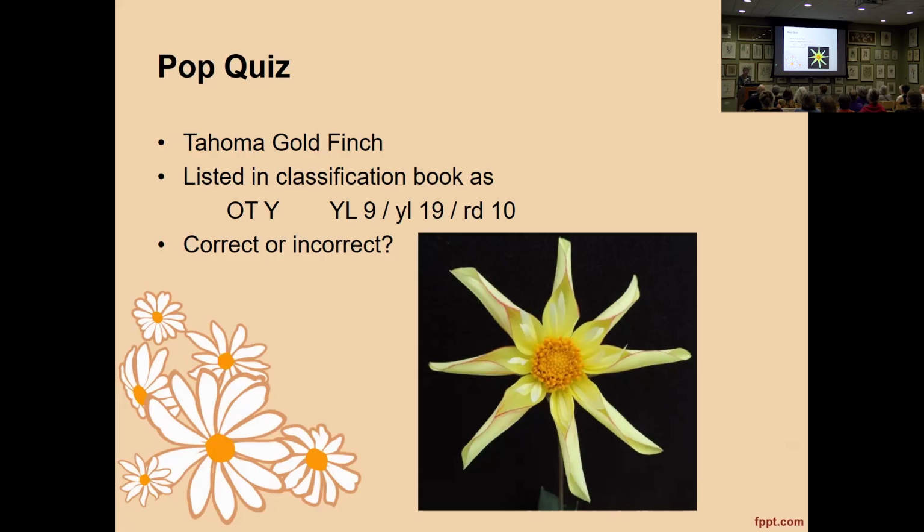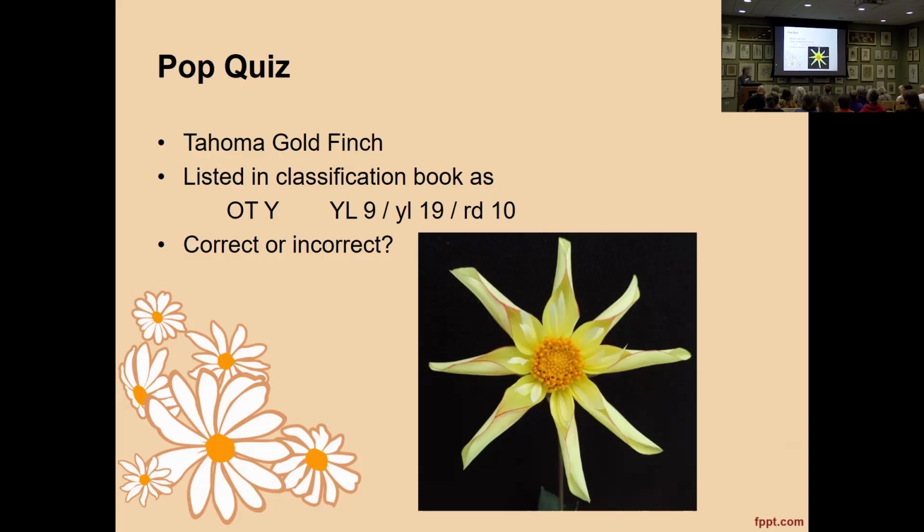It looks a little different than yellow 19, even brighter than yellow 9. I'm not sure. But there is no red 10. The red 10 is most likely referring to the picotee.